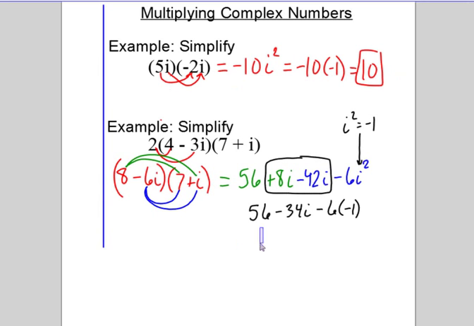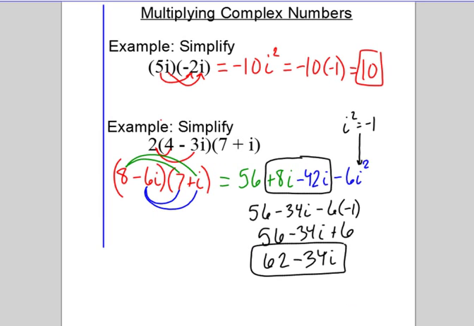So my final answer would be 56 minus 34i plus 6, and we combine the 56 and the 6 to make 62 minus 34i. So a little more work to consider as we multiply two sets of complex numbers, but they're the skills that we used earlier in the quadratic unit as well.